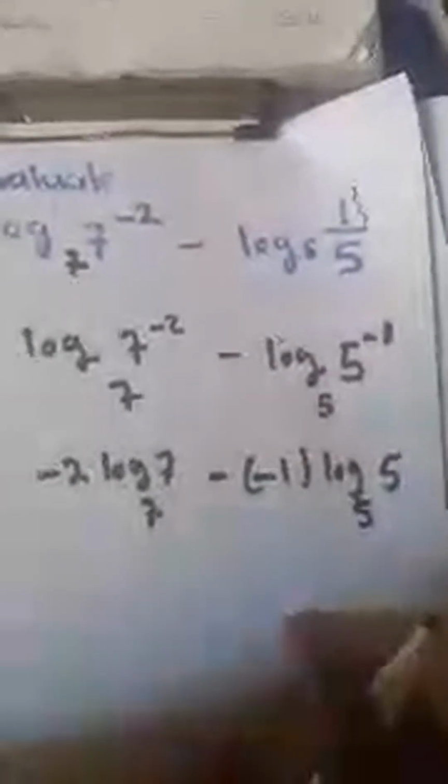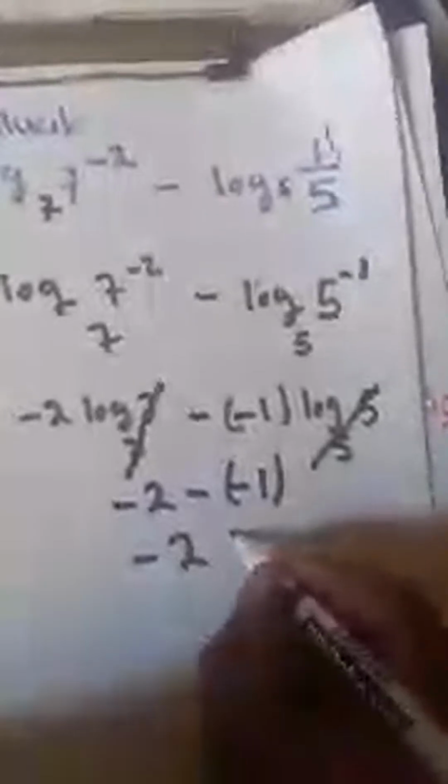Remember, guys, law number 4 of logarithms: if the log and the base are the same, they cancel to get 1. So we're going to cancel log 5 base 5, log 7 base 7 is now 1. So we are left with negative 2, negative 1. Negative into negative, we get a positive 1.